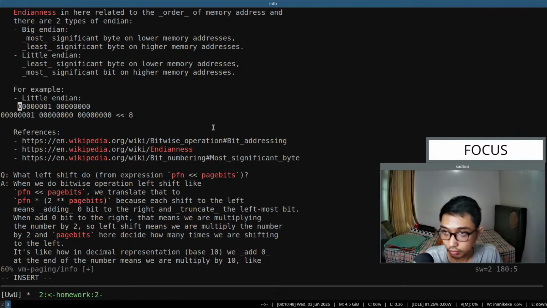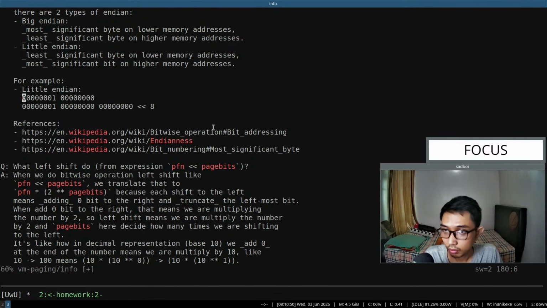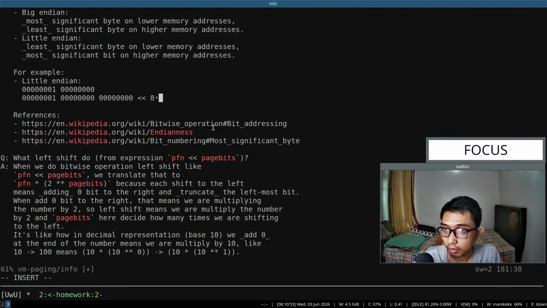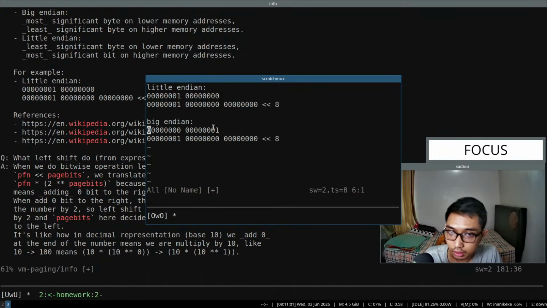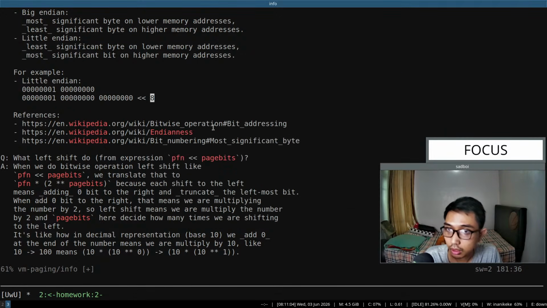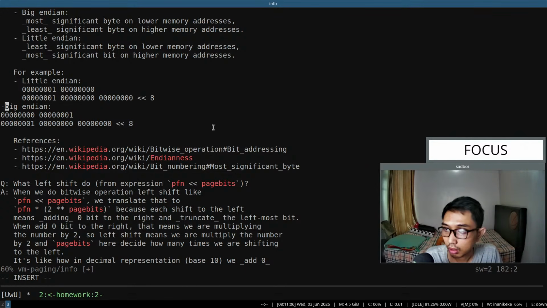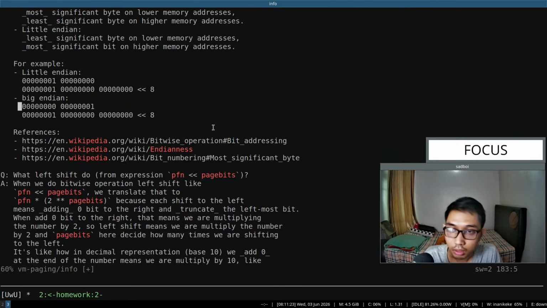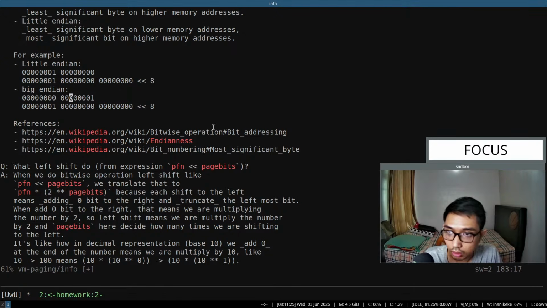Wait, okay. And then this big endian here. Is this correct?